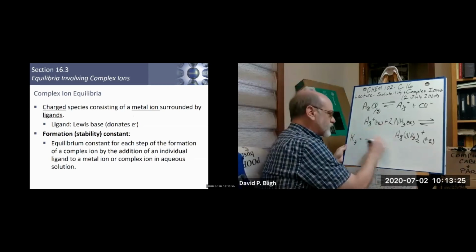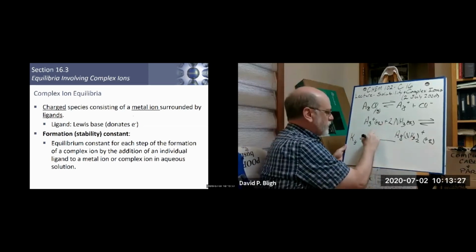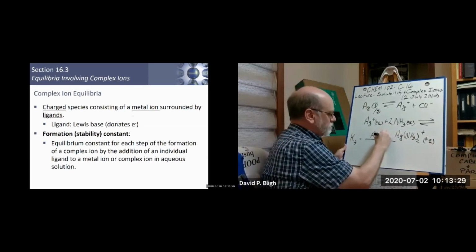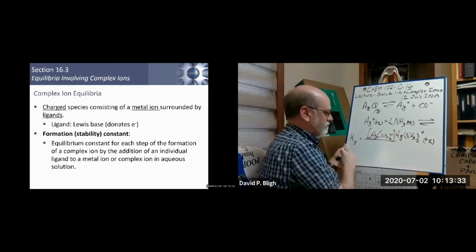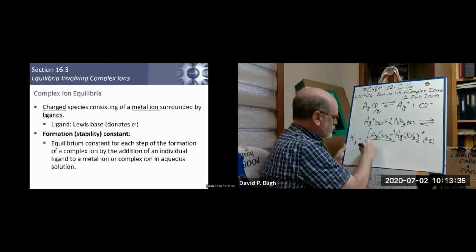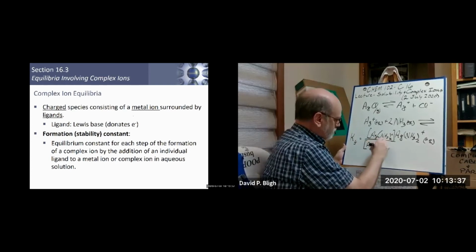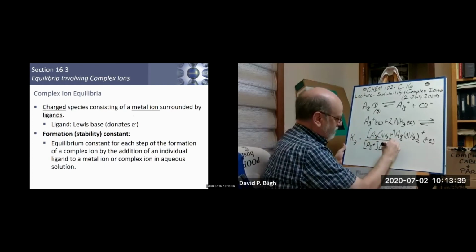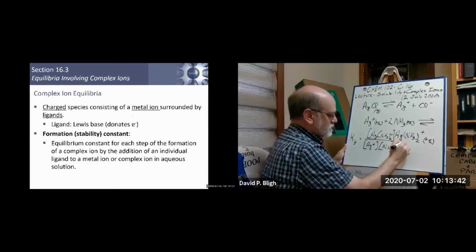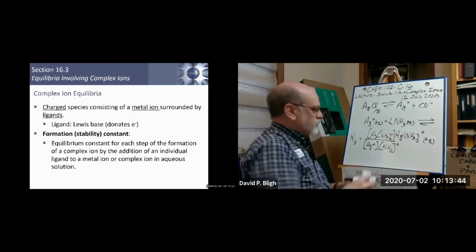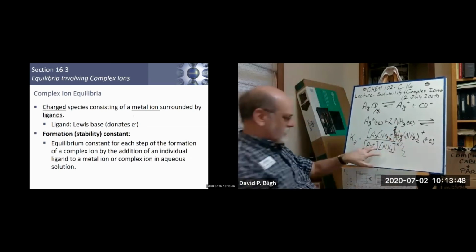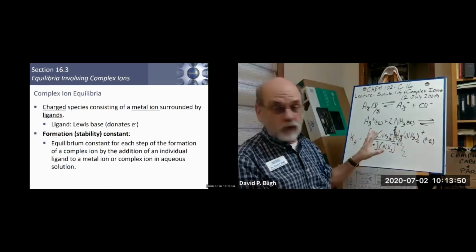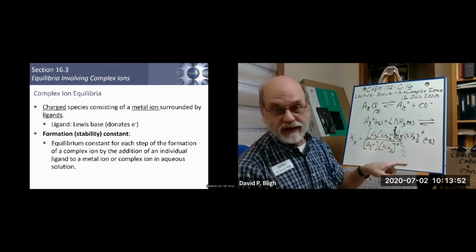So you would have an expression here of this one on top and these on the bottom. Okay, so that's your expression. That's your equilibrium expression for the formation of this complex ion.